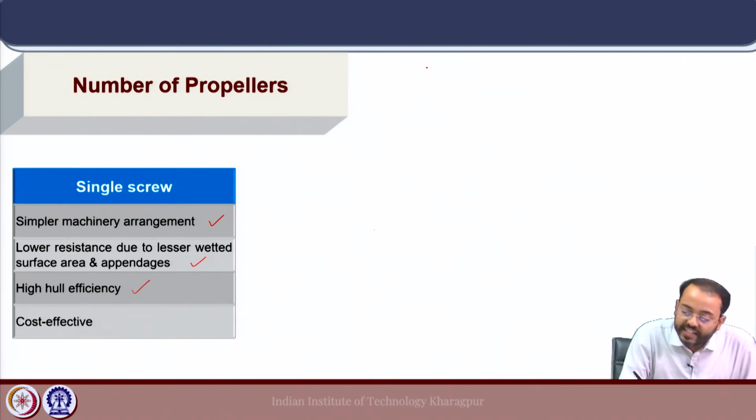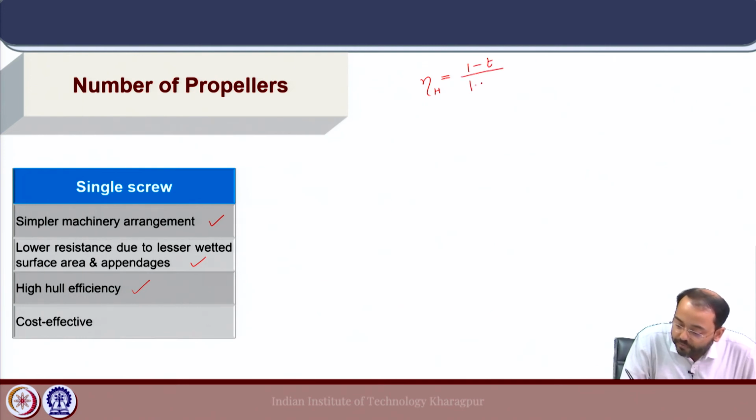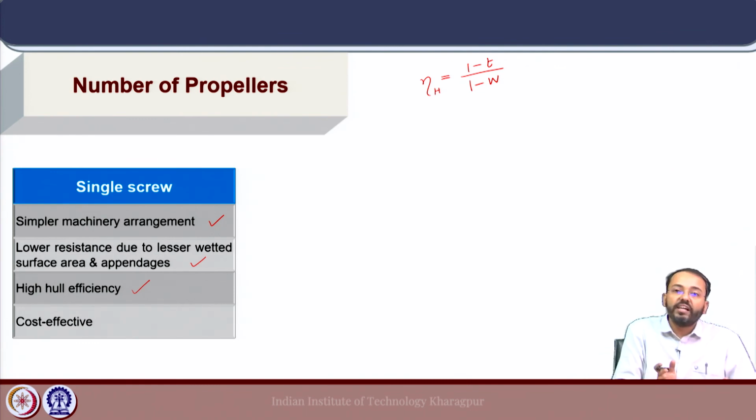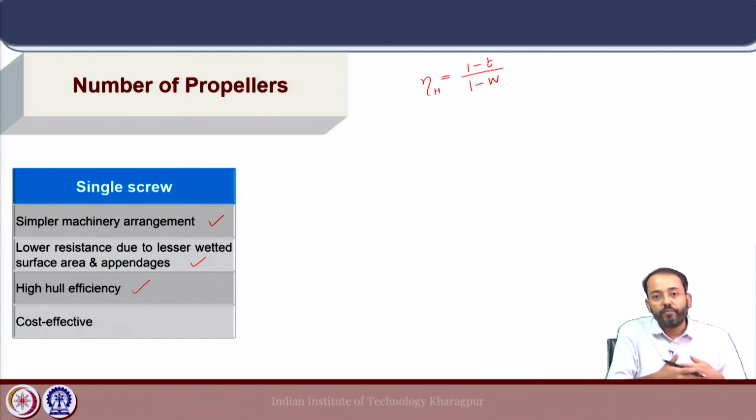Now, if we write the expression for hull efficiency, it is given by 1 minus thrust deduction by 1 minus wake fraction. If we consider a single screw vessel, the velocity deficit is higher due to the blocking effect of the hull at the center plane, where we are computing the wake fraction.